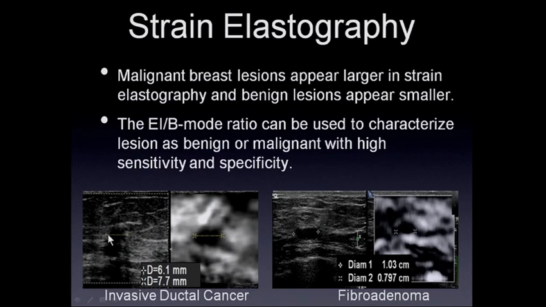This is a 6 millimeter invasive ductal cancer, and you can see that it is about 7.5 millimeters on the elastography, giving us a ratio of greater than 1, again predictive of a malignancy. And in this case we've got an approximately 1 centimeter fibroadenoma, which on elastography decreases in size to 0.8, again a ratio of less than 1, therefore felt to be benign.